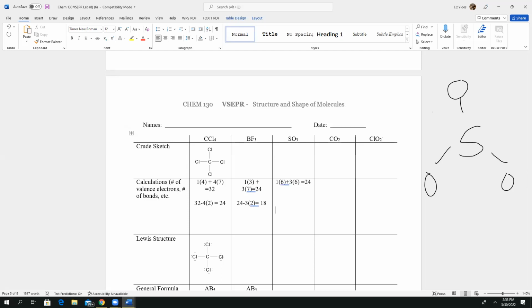So we said we have 24 minus... Okay, so once again, we have 3 bonds at 2 electrons apiece. That gives me a total of 18 again.